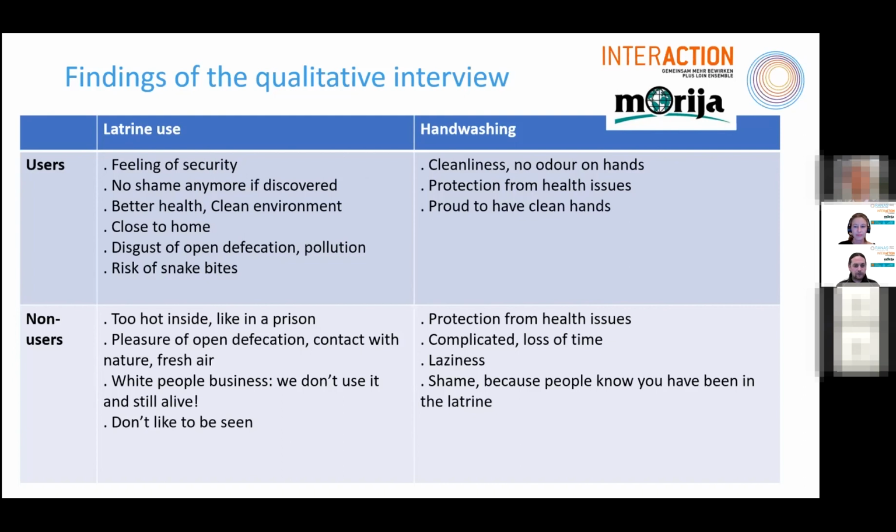Some were talking about disgust of open defecation, and pollution. There's also the reality that there is less and less bush in the countryside because of deforestation, so people have trouble hiding. So these were the main arguments from users.